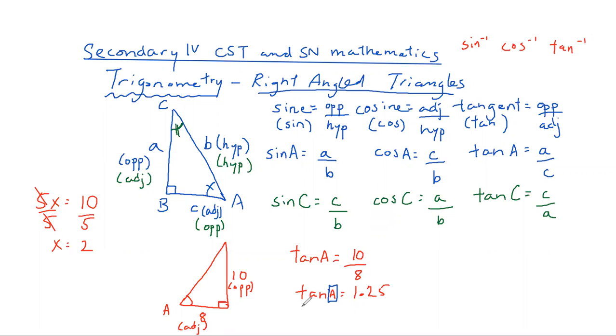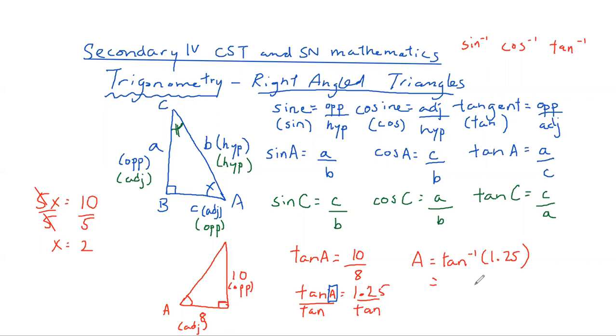So basically, to get rid of or divide both sides by tan, you instead opt to, on your calculator, do tan to the -1 of the value that you're looking for. Here, tan to the -1 of 1.25.